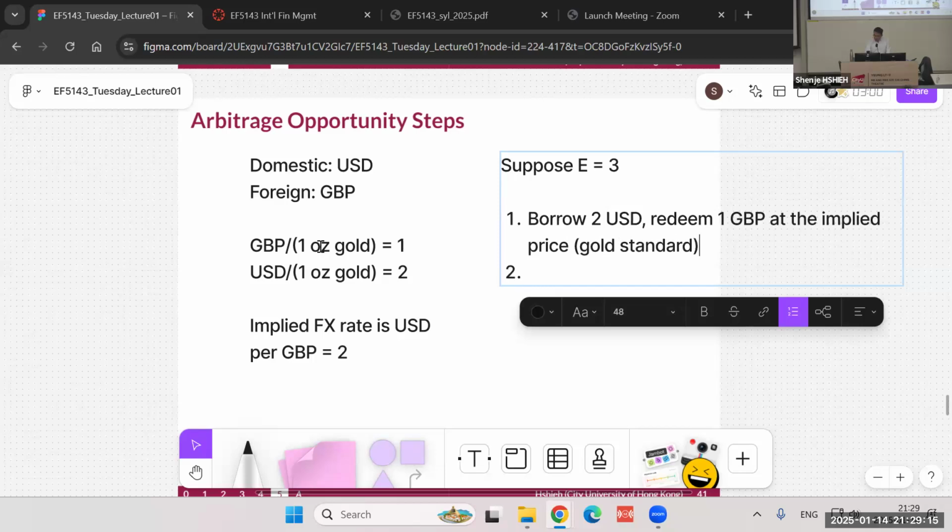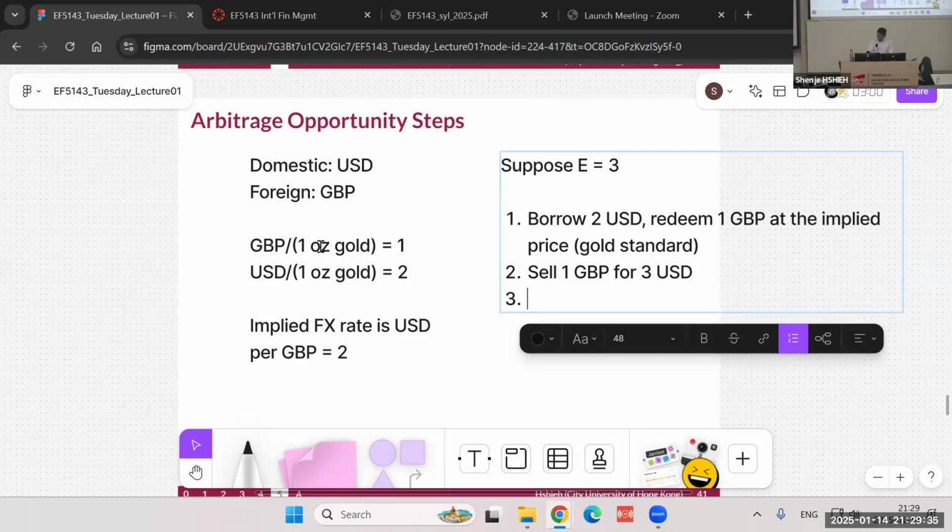Gold standard, right? You sell 1 pound for 3 USD, right? At whatever's quoted in the markets. And then you will return 2 USD and have 1 USD left.